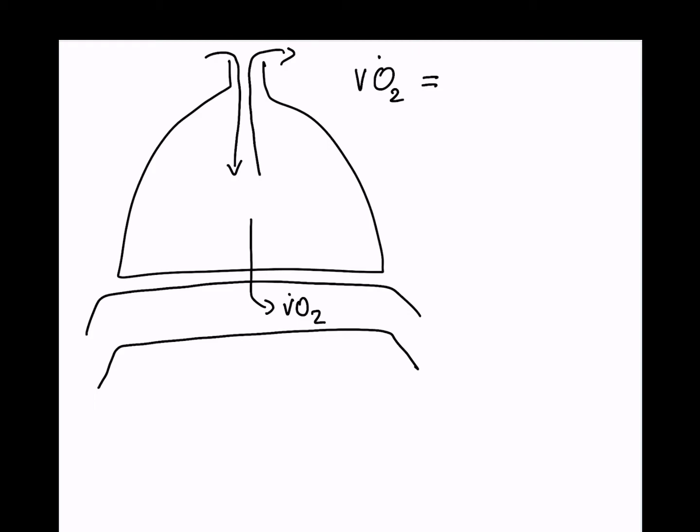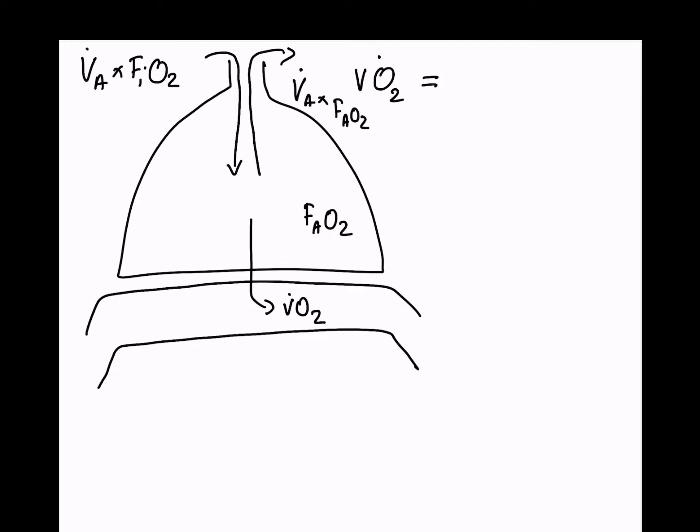So V dot O2 then, let's have a look at each of the sides. What comes in is simply the amount of air that we breathe in, which we'll say V dot A, which is, remember, ventilation times the amount of oxygen in that air, and what we breathe out is again the ventilation, V dot A, times what's within the alveoli, which is the fraction of air within the alveoli that's occupied by oxygen, which is FaO2.